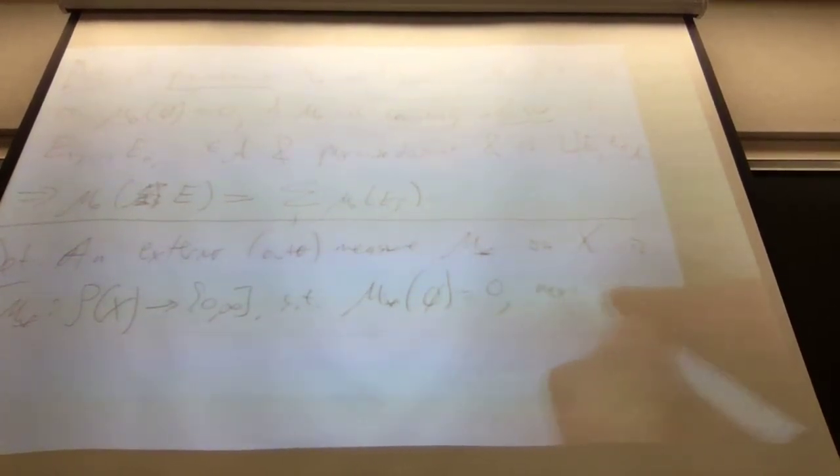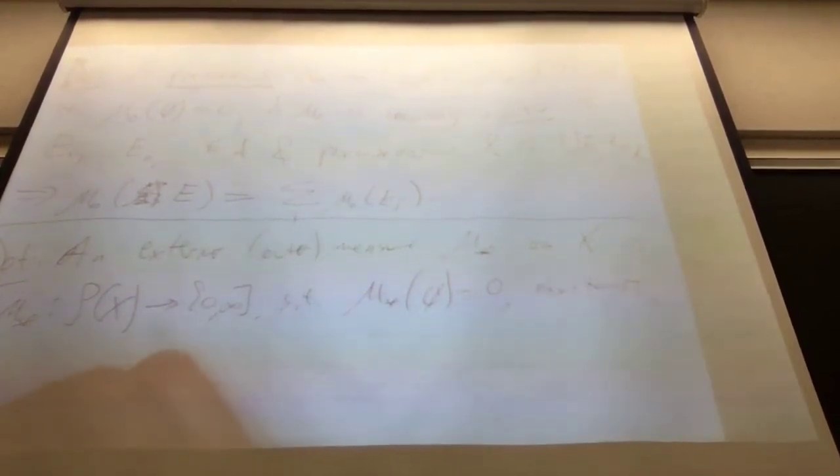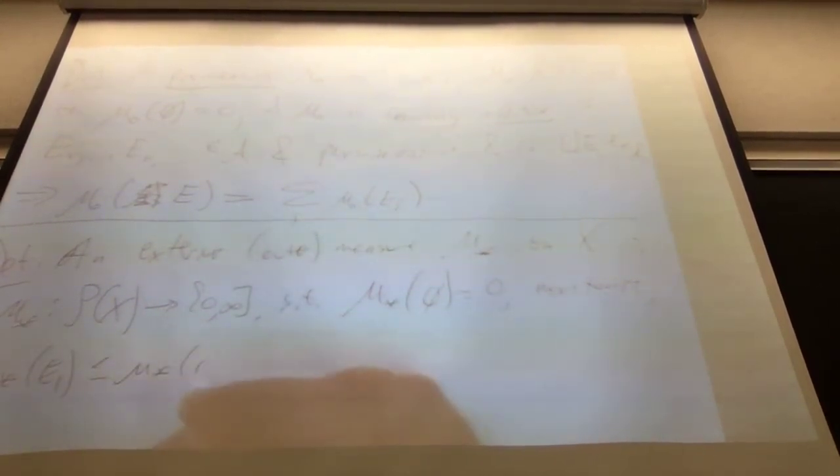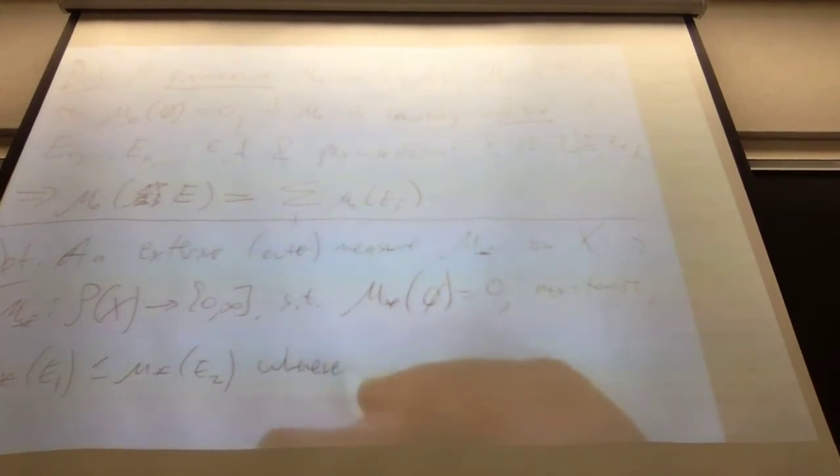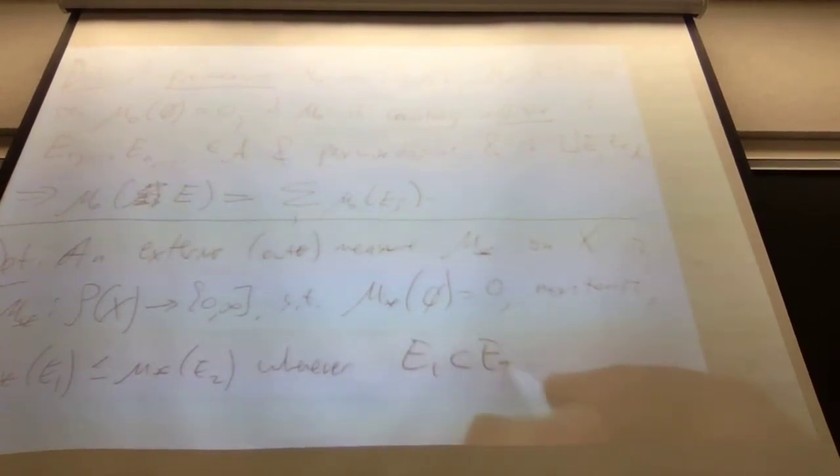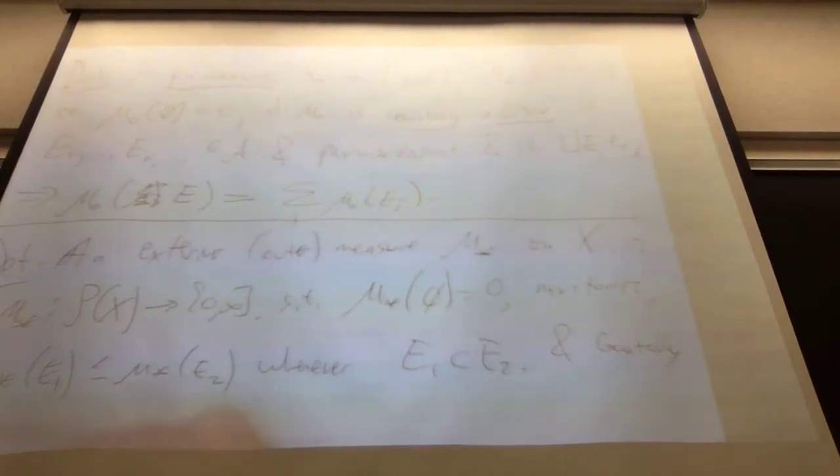It's monotonic. In other words, mu star of E1 is at most mu star of E2 whenever E1 is contained in E2, and countably subadditive. So the measure of a union, not necessarily disjoint, is at most the sum of the exterior measures of the sets.